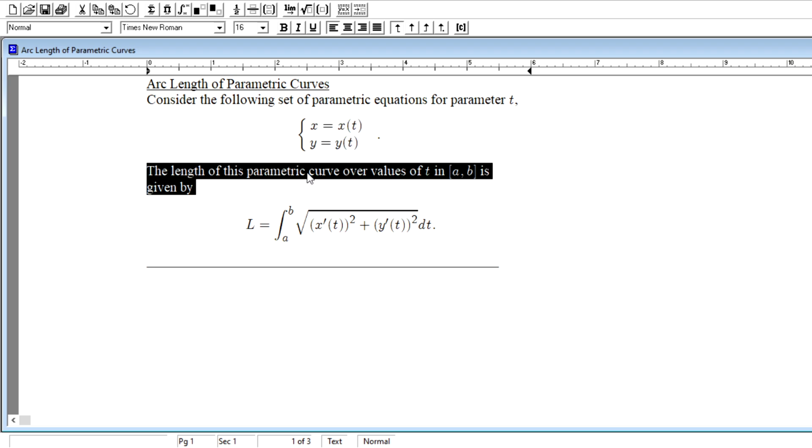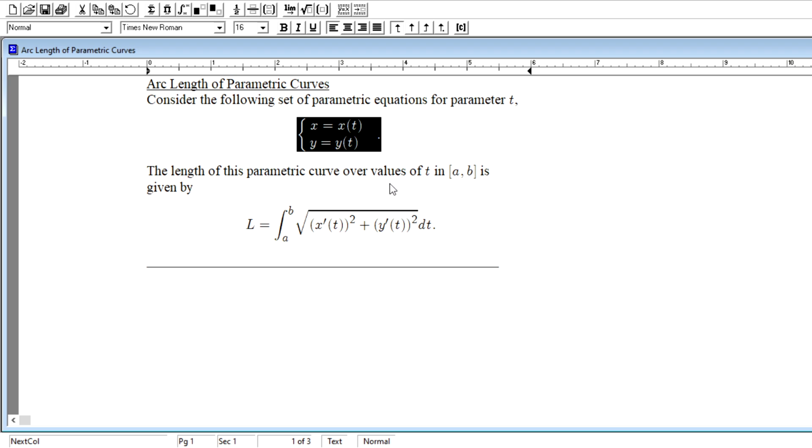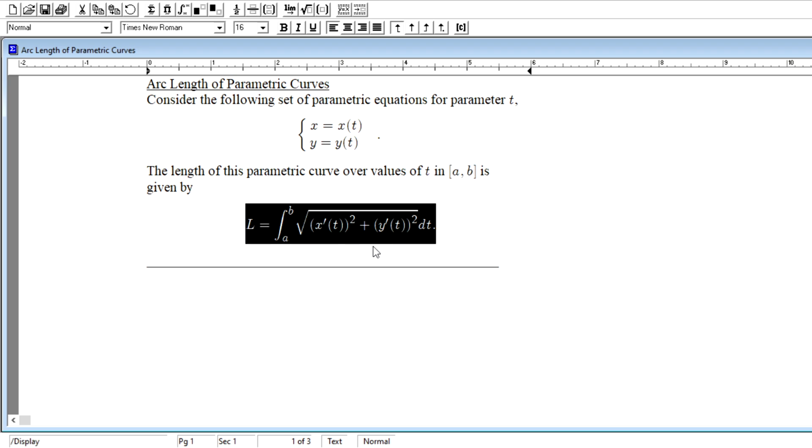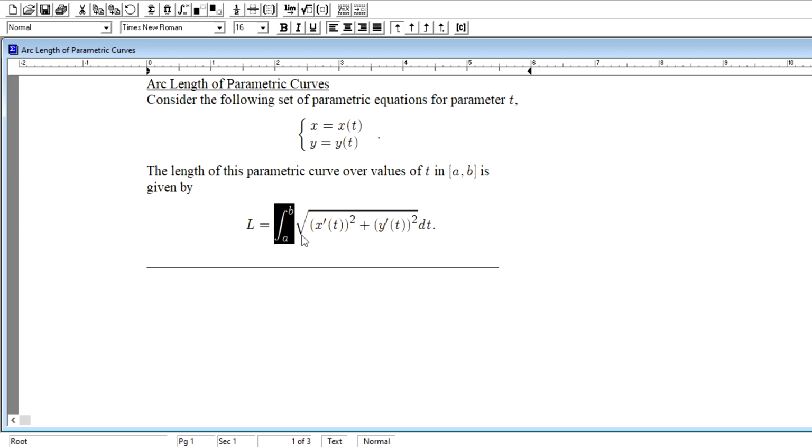The length of this parametric curve described above, over values of t in some closed interval from a to b, is given by this integral from a to b of the square root of the sum of the first derivatives of our components squared.